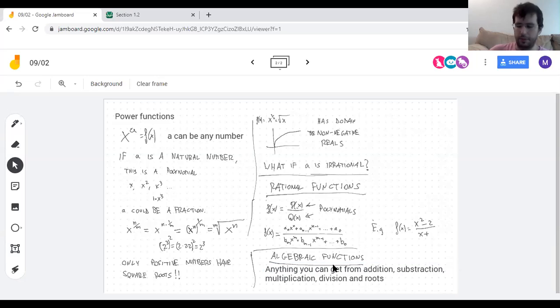So for example, now I'm just going to write a random formula involving these: x plus the square root of x minus 1, divided by x squared times the cubic root of x. So that's an example of an algebraic function. Okay, are there any questions?